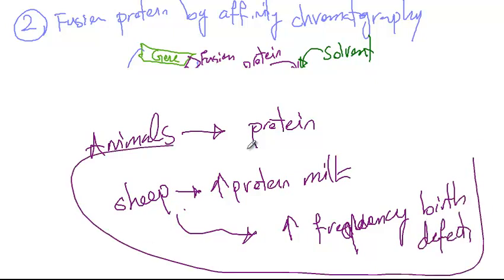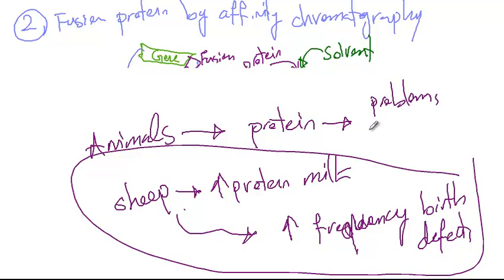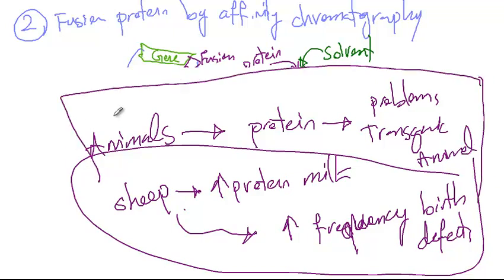So all this genetic manipulation in order to produce protein of interest can cause some problems with our transgenic animal. So that's one problem with the genetic manipulation of these animals we should be aware of.